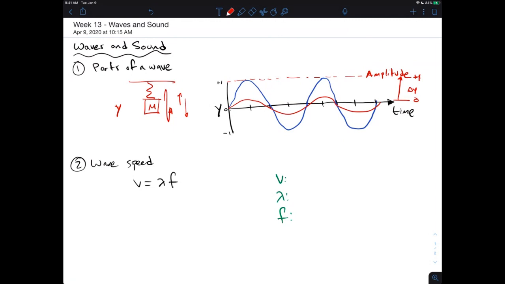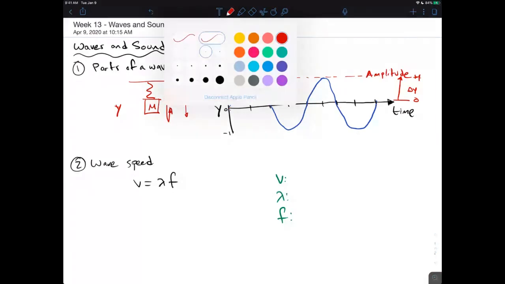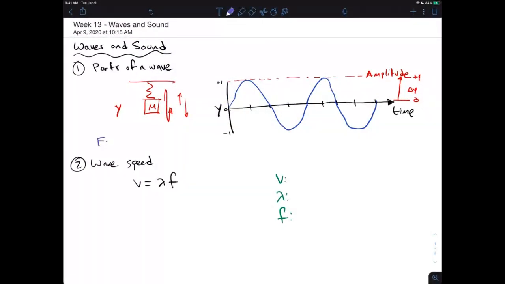I wanted to get that one out of the way first because we're not going to use it too much. I just want you guys to know that changing my amplitude is changing my intensity. So if I talk about sound, anytime I have amplitude, what I'm actually discussing is loudness or intensity.